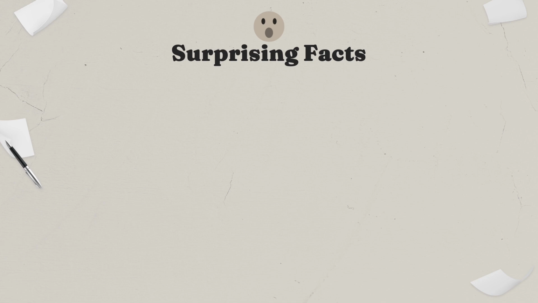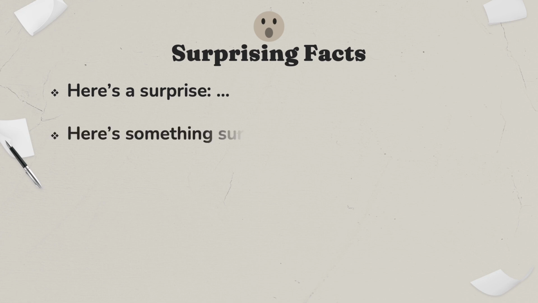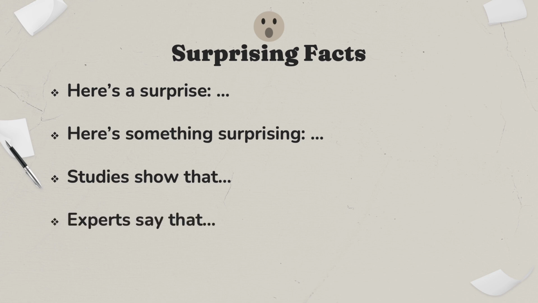Here are some more sentence starters. Here's a surprise. Here's something surprising. Studies show that. Experts say that. And more than blank percent of, or less than blank percent of.